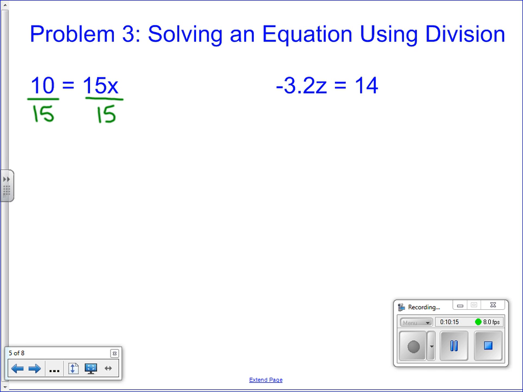And if we divide the right side by 15, we must divide the left side by 15. 15 divided by 15 is 1. And 1 times x is simply x. 10 divided by 15 can be simplified, dividing numerator and denominator both by 5, to 2/3.